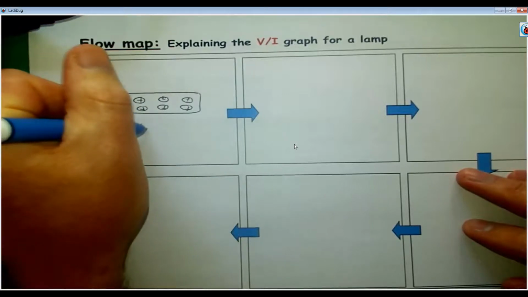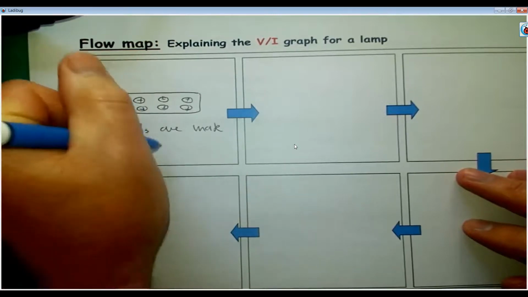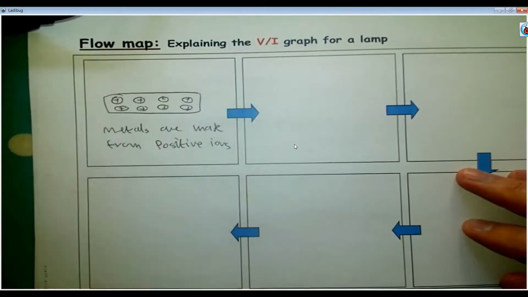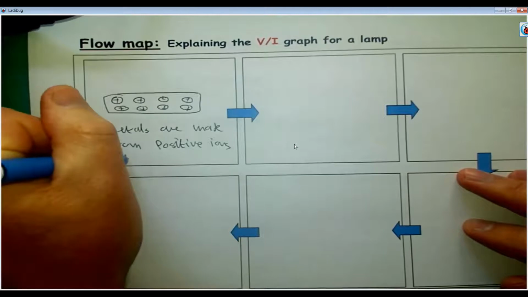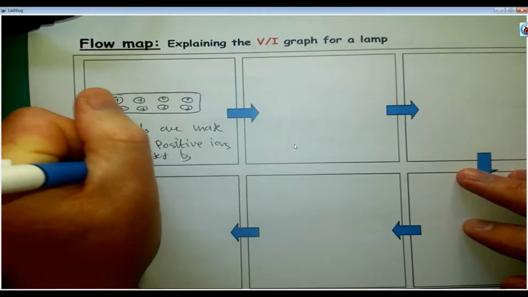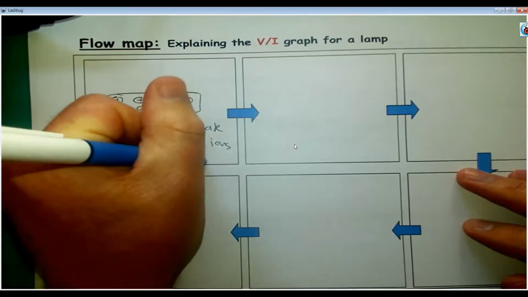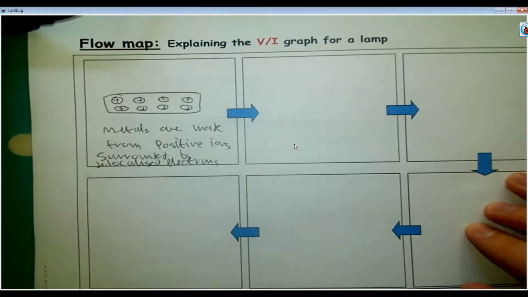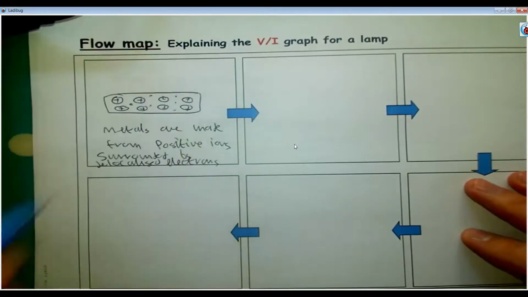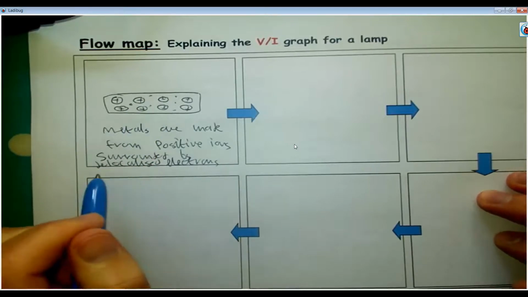So metals are made from positive ions surrounded by delocalized electrons. Now, if you find that I'm going a little bit fast for you to keep up, then please pause the video and do this at your own speed. So those little dots there in between the ions, those are our delocalized electrons.